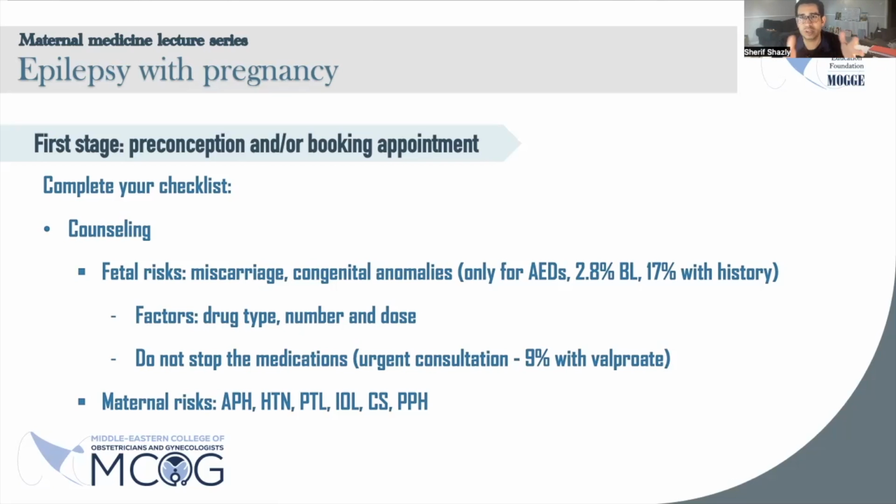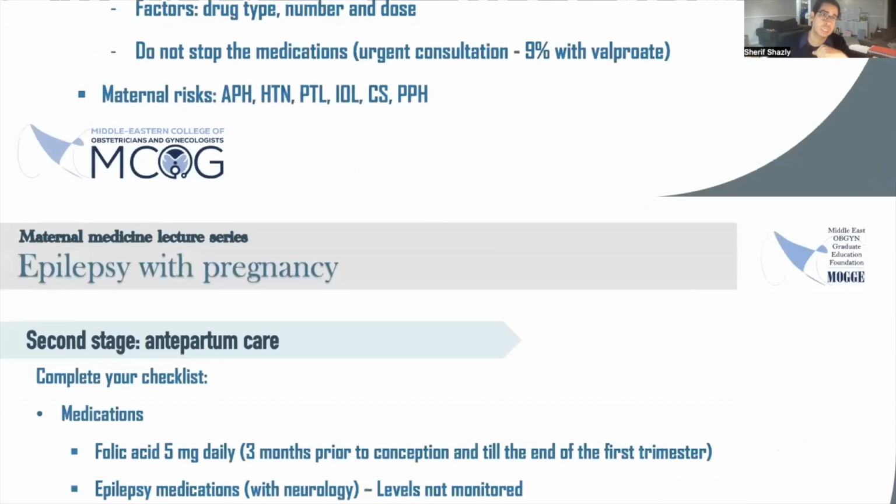And again, you don't really do much for this. It's just to be aware that she's a high-risk pregnancy to start with. And again, if she's really well controlled, no seizures, it's unlikely that any of these problems will happen.